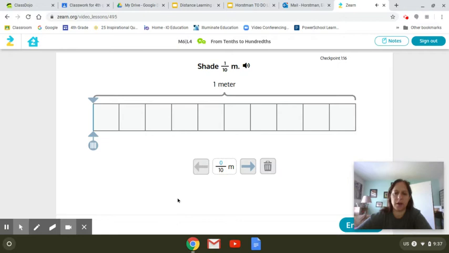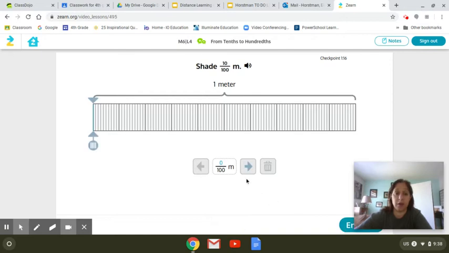That's what we were talking about earlier. I'm going to shade 1/10. That means I'm not going to shade a whole thing. 1/10 of a meter would be 1/10, right? But if I wanted a centimeter, what would I need? I would need a little piece of that. I need 10, how many meters? 10 hundredths.